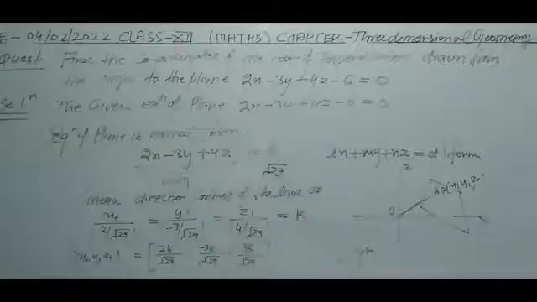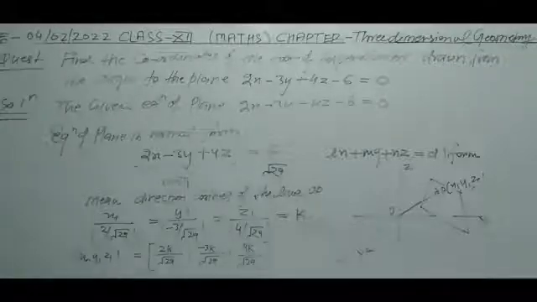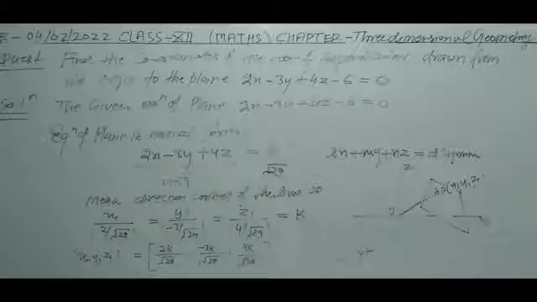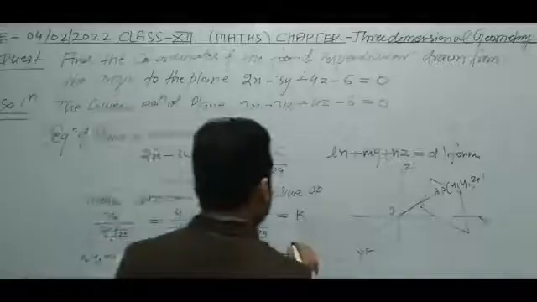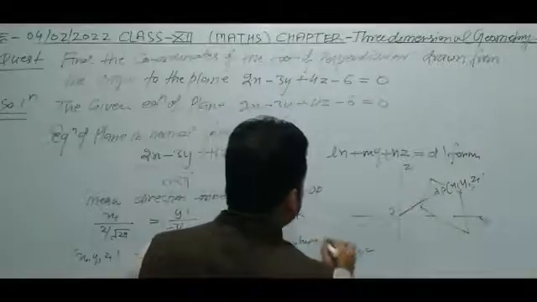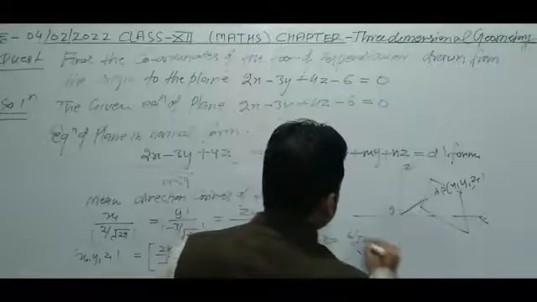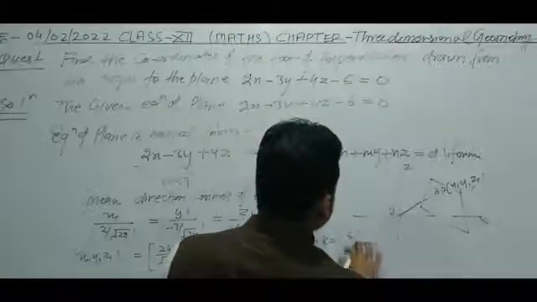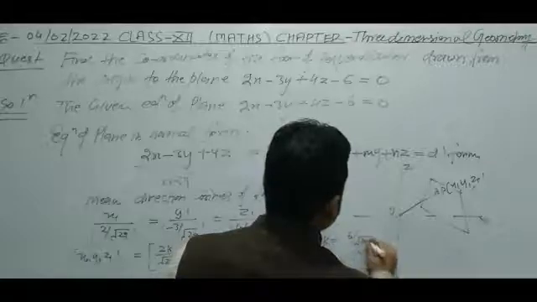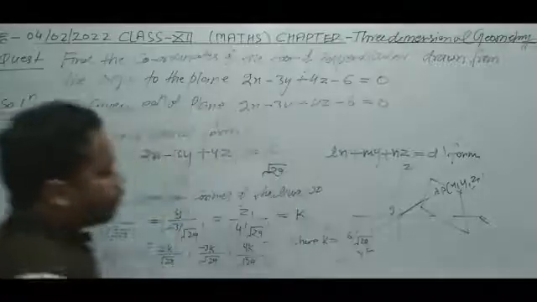And for the value of k, we have to put this point in equation 1 and you can get the value. So k is equal to 6 upon root over 29.